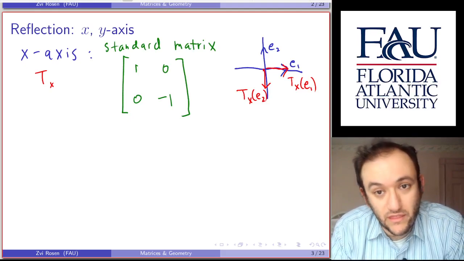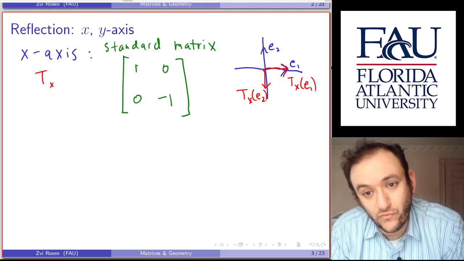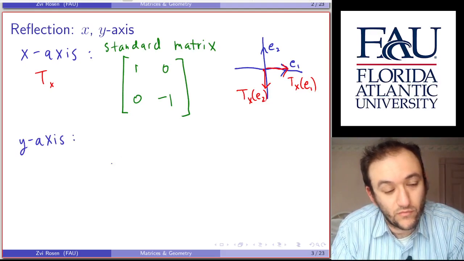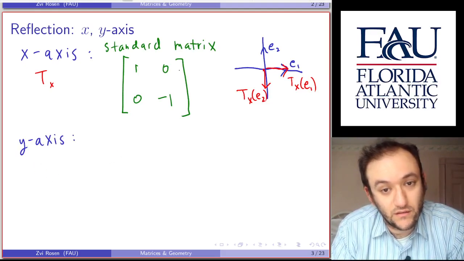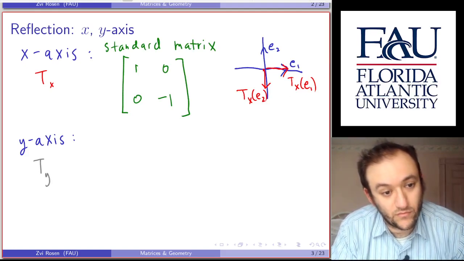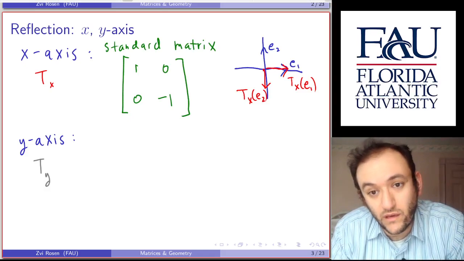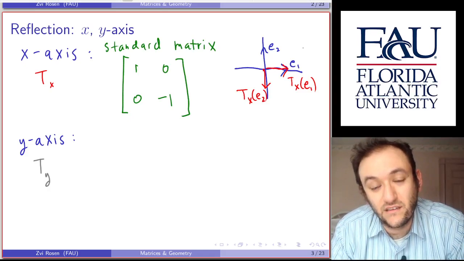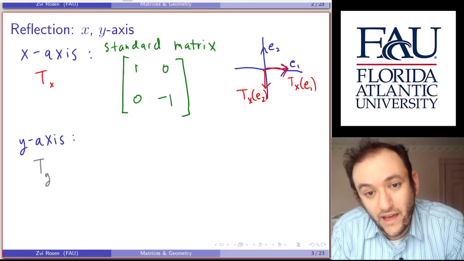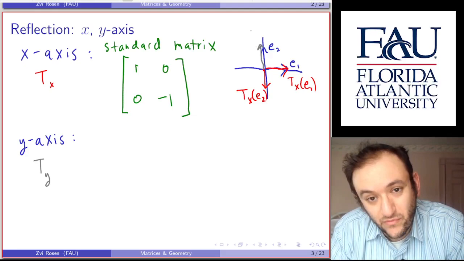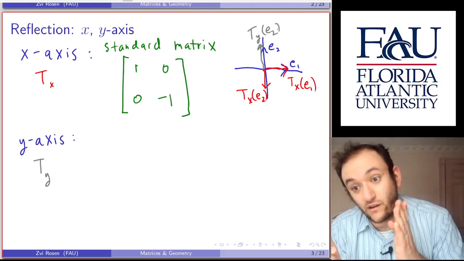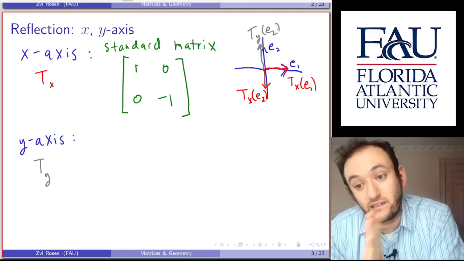Okay, what if we do the y-axis? We'll call this one Ty. How does this affect our two basis vectors? Well, e2 will stay the same because it's sitting on the line of reflection, so it just sits in that line, doesn't go anywhere.